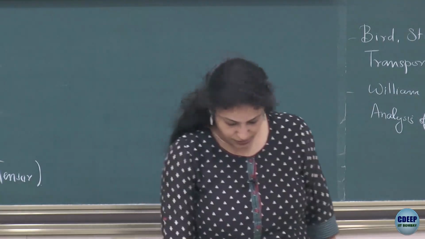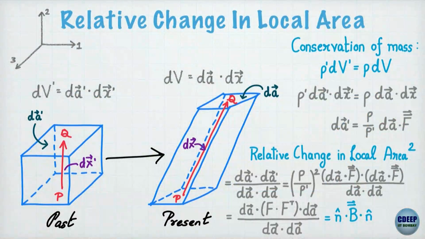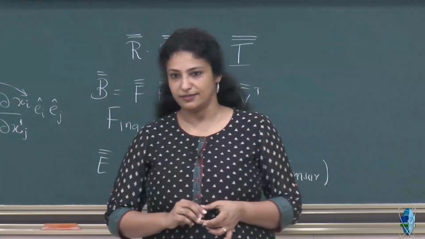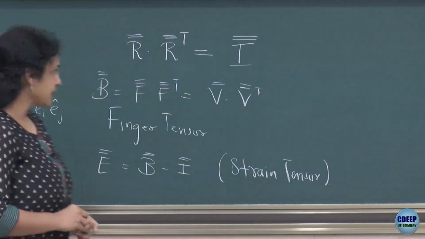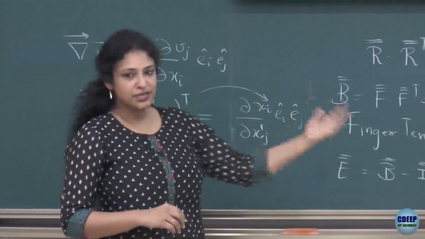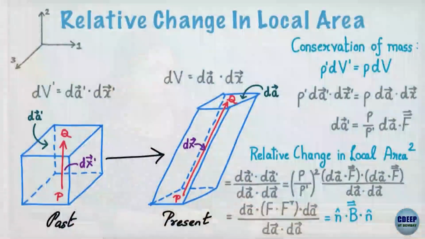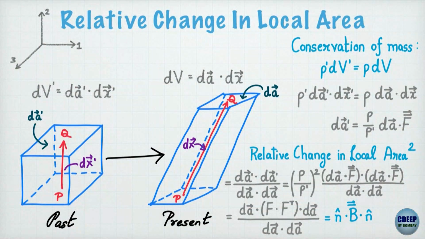Okay. So, a little bit to understand the significance of this Finger tensor. I do not expect you to be able to do this kind of a derivation on the fly, but it is good to understand that one can derive a physical significance from the Finger tensor, which we will be using in our models going forward.